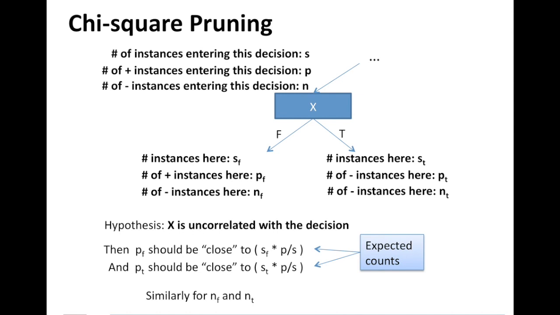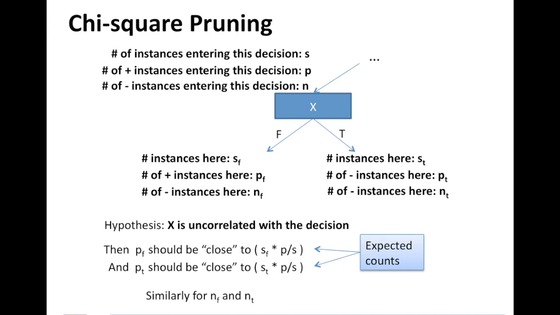Remember how we split the decision tree: when you introduce an attribute, you split based on the attribute values, so capital F and capital T are the attribute values. For x equal to F, you have S subscript F, SF, the total number of instances where x is equal to F, PF the number of positive instances in this branch, and NF the number of negative instances in this branch.